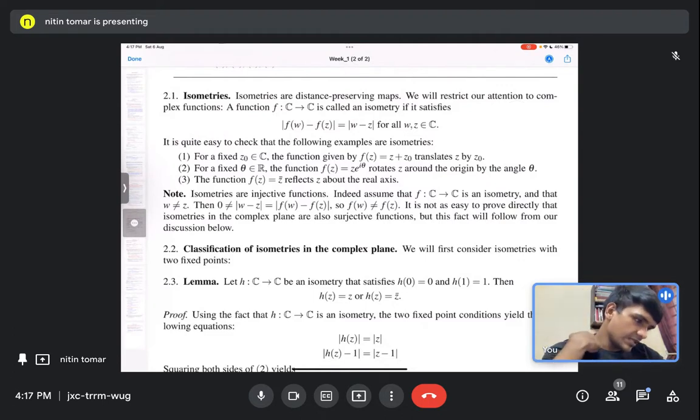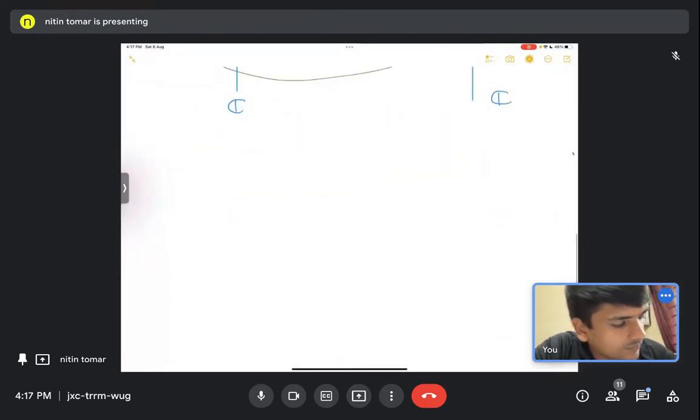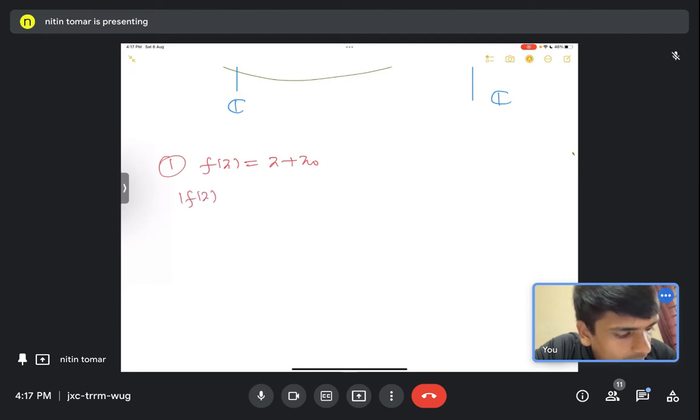Some examples: if you translate, f(z) equal to z plus z naught, this is one example of an isometry. You can check by definition. If you consider f(z) minus f(w), it will be z plus z naught minus w plus z naught.